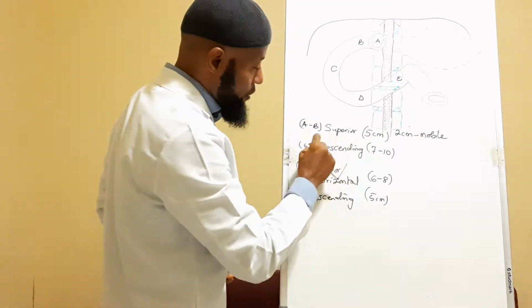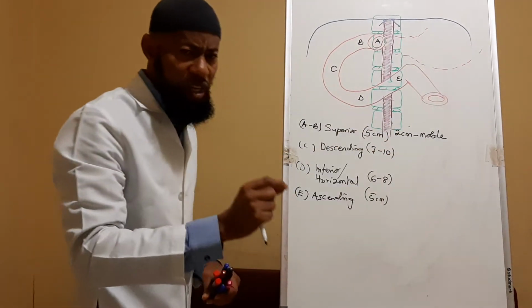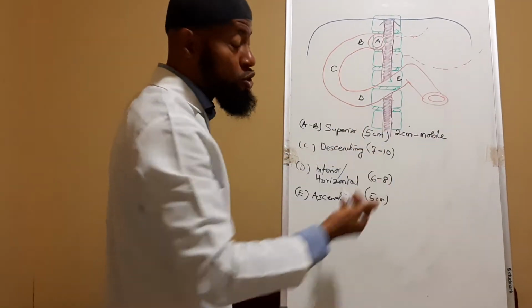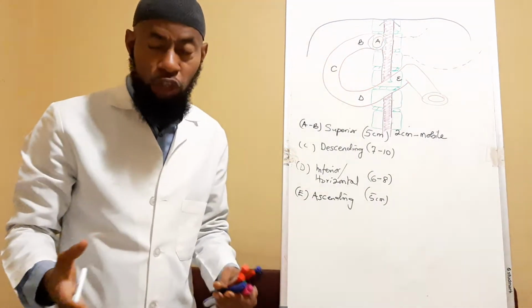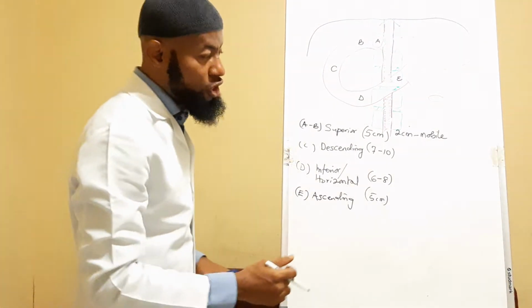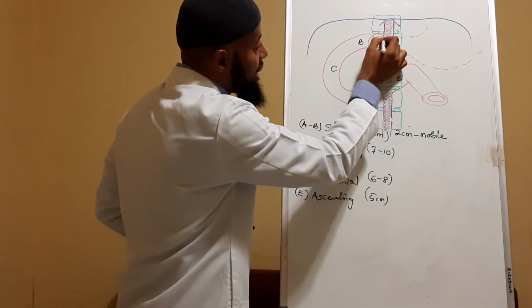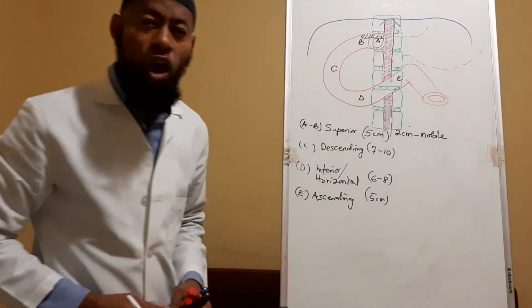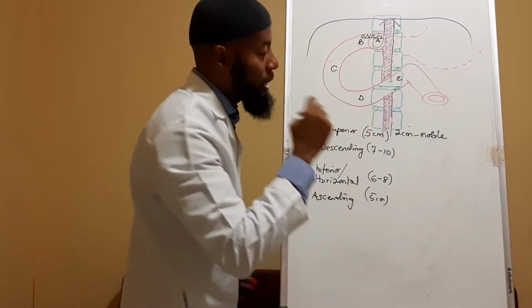So this first 2 centimeters of the duodenum is intraperitoneal. It is usually called the duodenal cap, or it can also be called the ampulla.